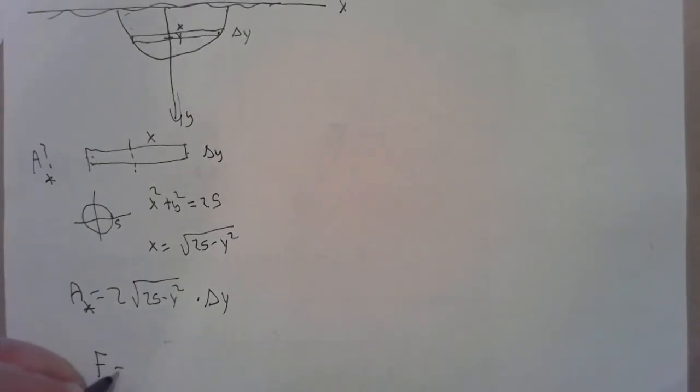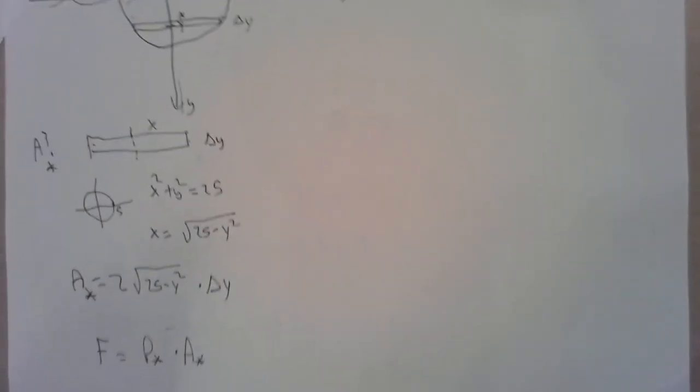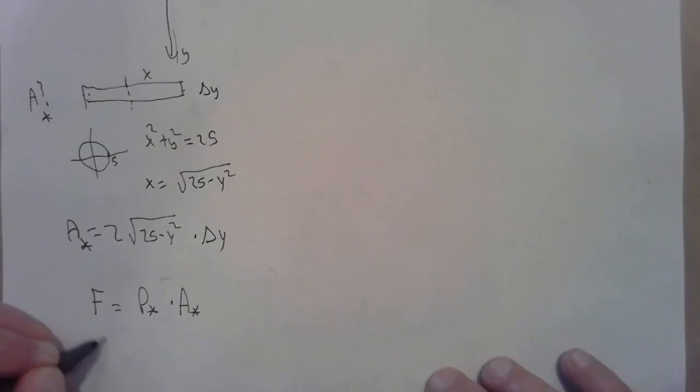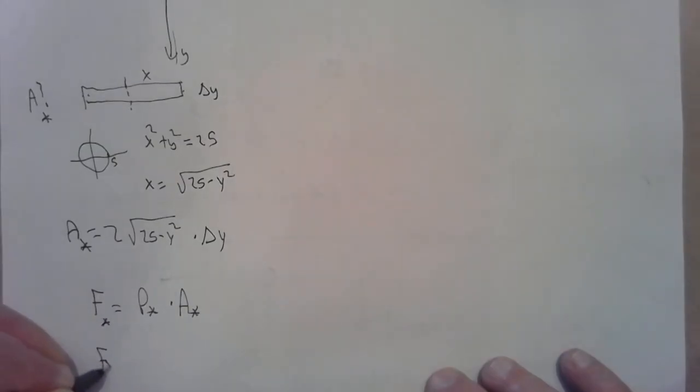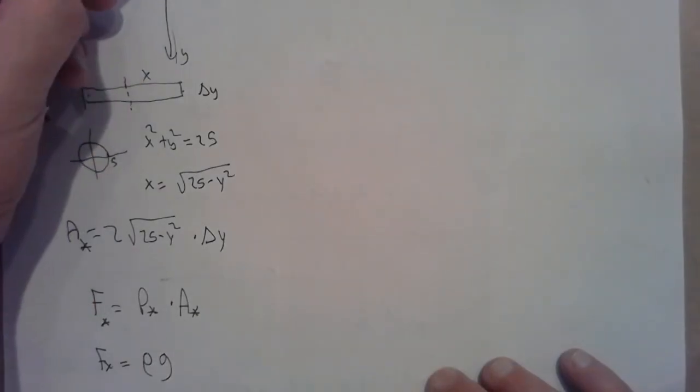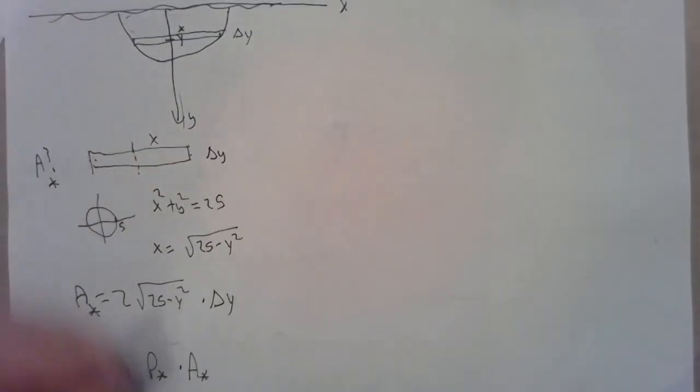The force is always the pressure times the area. Pressure is rho g d, where d is the distance from the top of the water. So F star will be rho, the density of water, g, times our depth. Our depth here is y star, times 2 square root of 25 minus y squared.